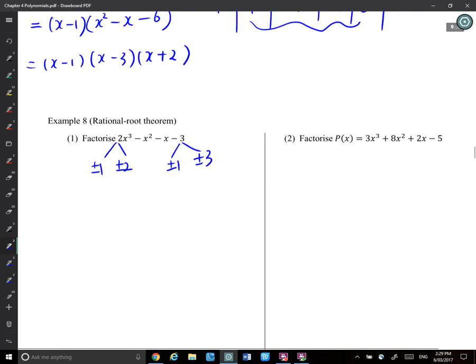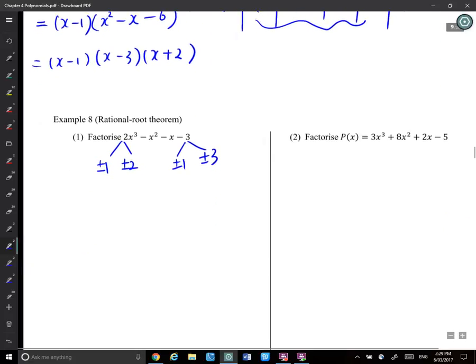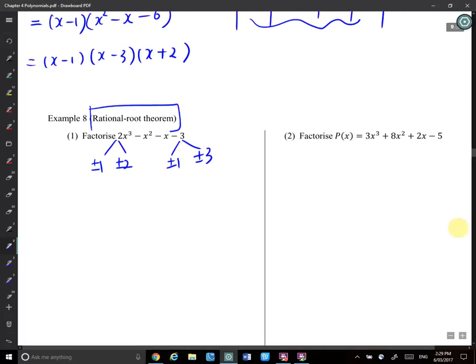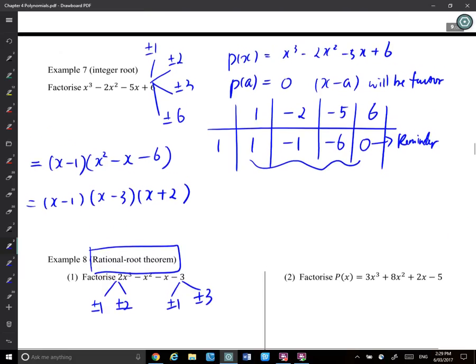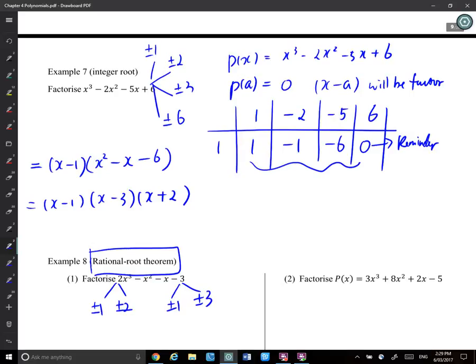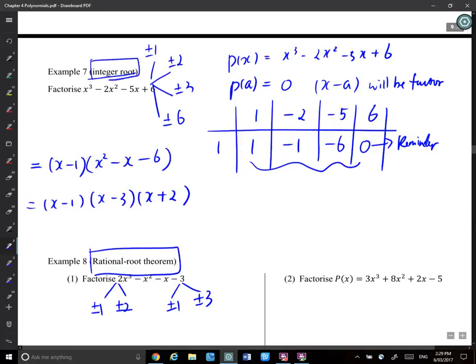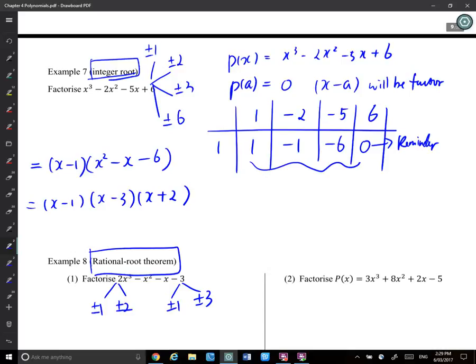Okay. For example 8. Example 8 is called the rational root theorem. So what is the rational root theorem? We have integer roots. And last week I told you how to find the roots. So what numbers are worth trying?